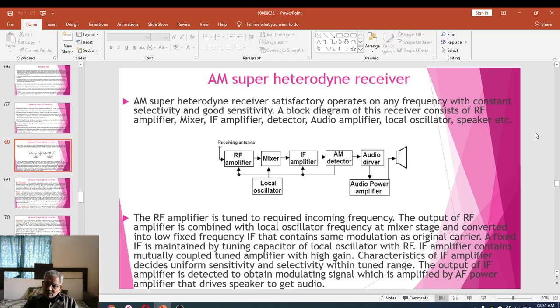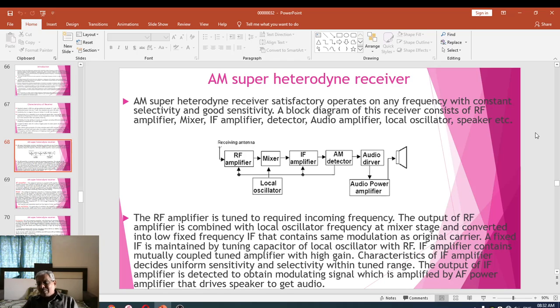One is two original frequencies, second one is sum of their frequency, and last one is the difference of these two frequencies. The difference of these two frequencies is called as intermediate frequency, IF, and this IF is used for the further processing in the receiver.